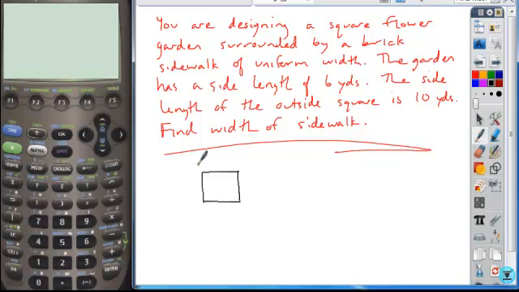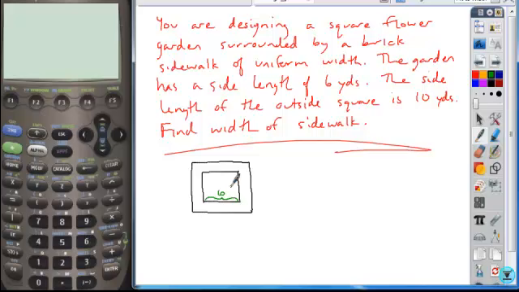So here's our square garden with a uniform sidewalk around it. It says the garden has a side length of 6 yards, so that distance in here is 6.